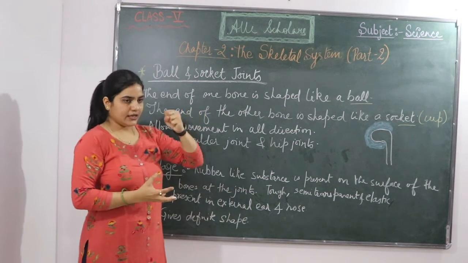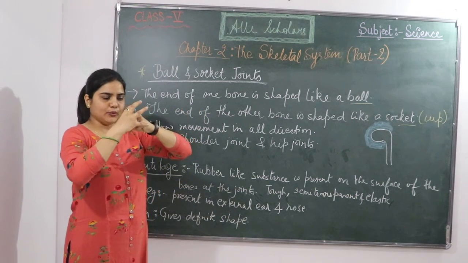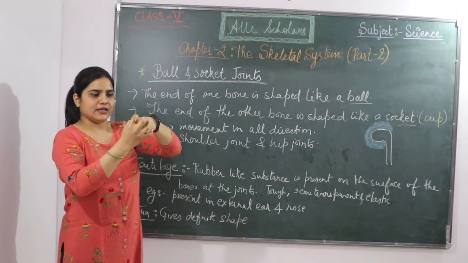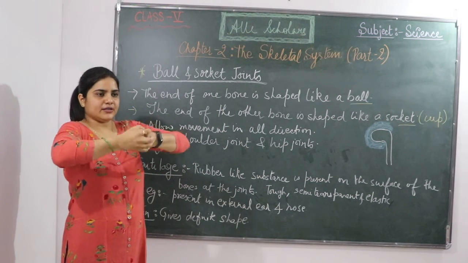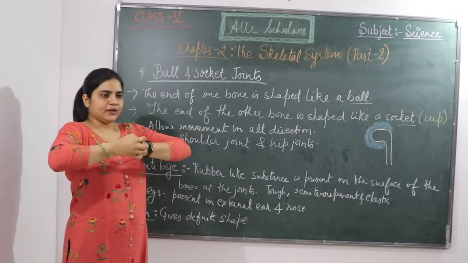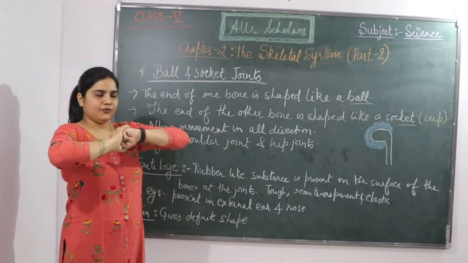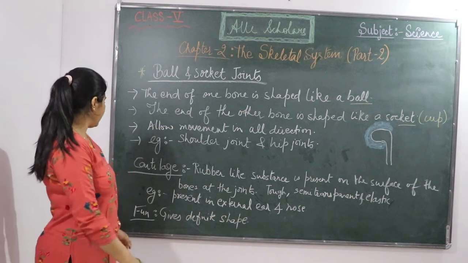One bone is like a ball and the other bone is like a cup, and it fits there and can move in all directions: up, down, rotate, front, back, in all directions.